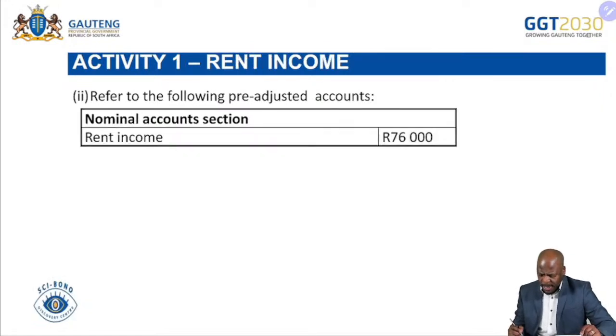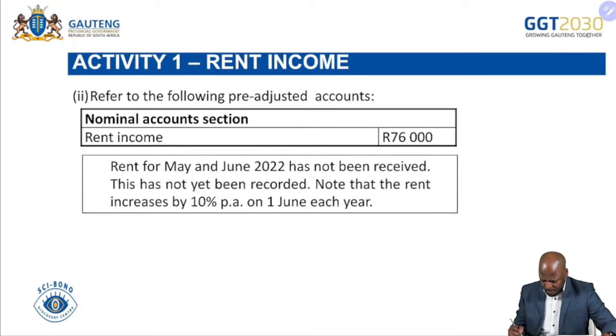It says rent income 76,000. Let us hear what more information we are given. Rent for May and June, this is 2 months, in 2022, has not been received. This has not yet been recorded. Note that the rent increased by 10% per annum on the 1st of June each year. Now, it is very important for you to understand the time period at hand.